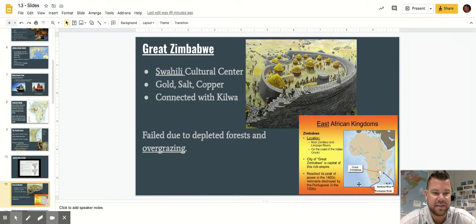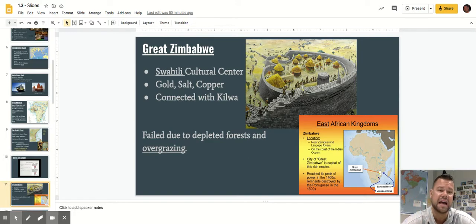The biggest and greatest sub-Saharan empire in this time period was called the Great Zimbabwe. And it was located off the Swahili coast, but really it took all of the materials that would start coming in through these Bantu migrations. And the reason that these Bantu migrations were happening was they had a larger population, which came from more crops that could be sustained, that you'll see in that video.